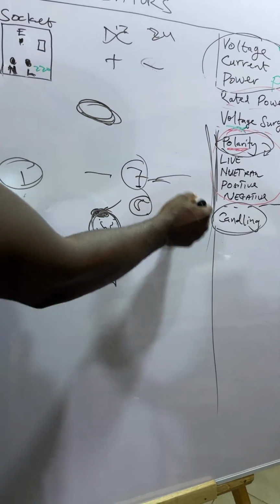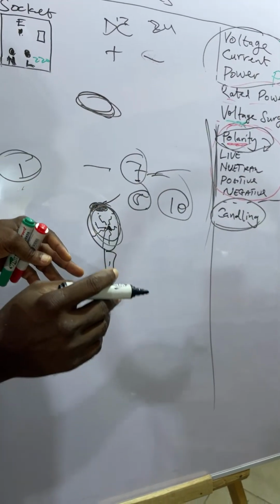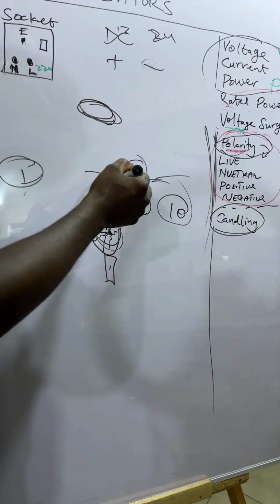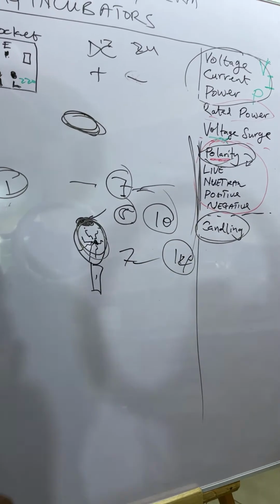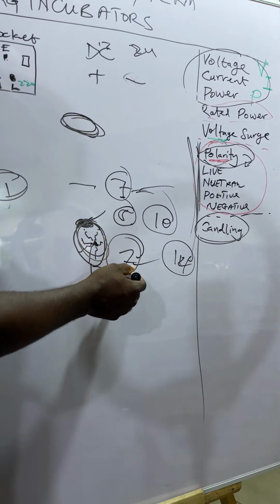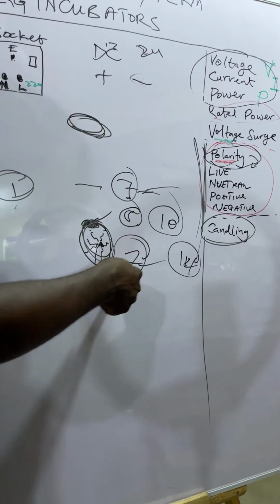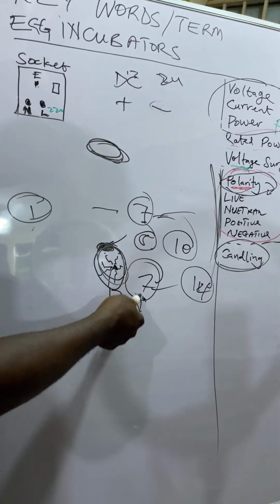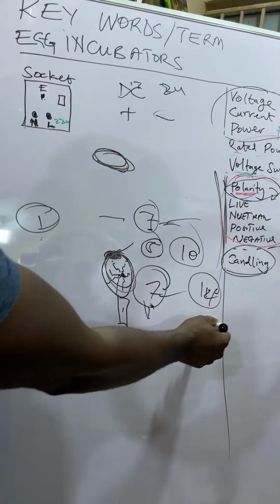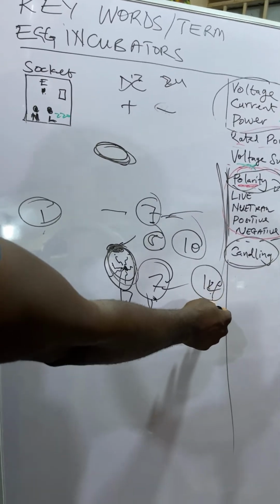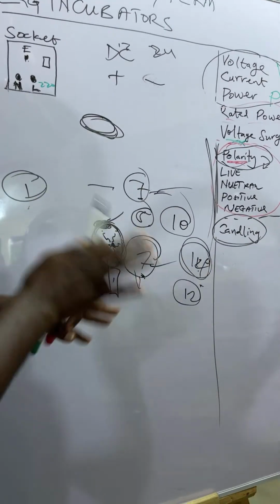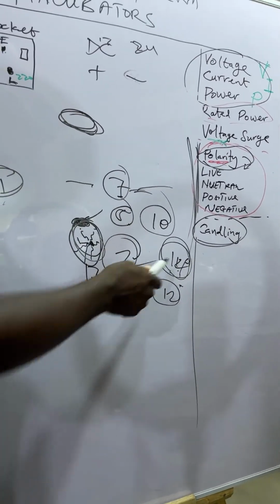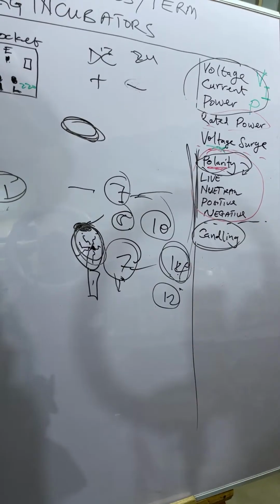At 10 days, you can see it clearly. At 14 days, you can see it very clearly. So at 7 days, if you doubt and you want to give the egg a chance, you can wait and do it on maybe the 12th or 14th day. If by this time the egg is still clear, with no sign, then the egg will not hatch.